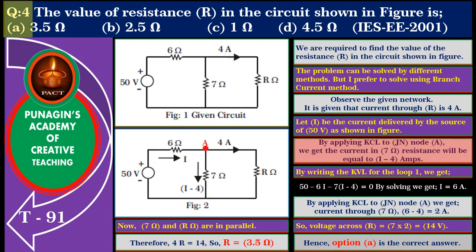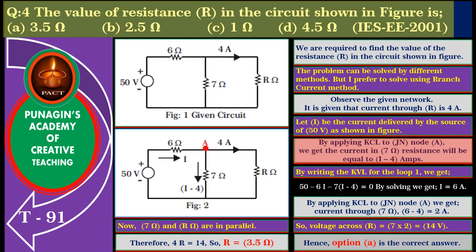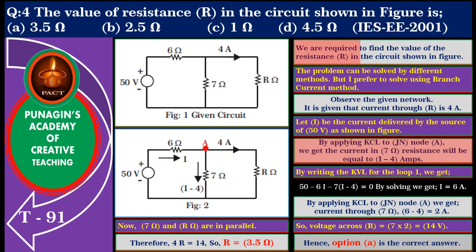Friends, this problem is very simple. We are required to find the value of resistance R in the circuit shown in figure. The problem can be solved by different methods, but I prefer to solve using branch current method. Observe the given network.